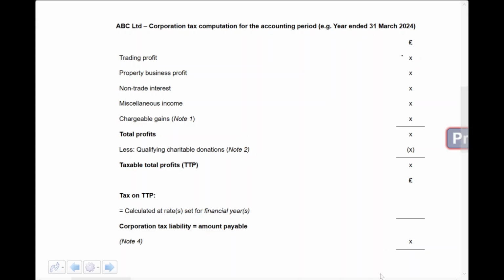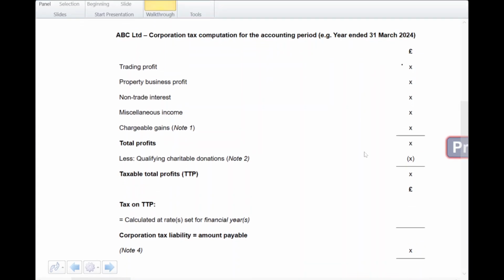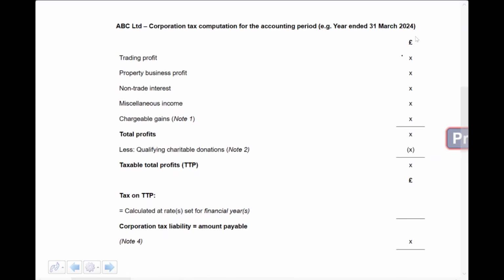So this is the first time that we've looked at a corporation tax computation for a given accounting period. Let's assume March 2024. What you'll see, as I've mentioned previously, is basically a list. It doesn't get more simple than that. Now, I know within each of the areas there are specific rules and nuances and tricks and traps. But at the end of the day, what we're trying to do up top is list all the various forms of income or profits for the company, getting to what we call total profits.